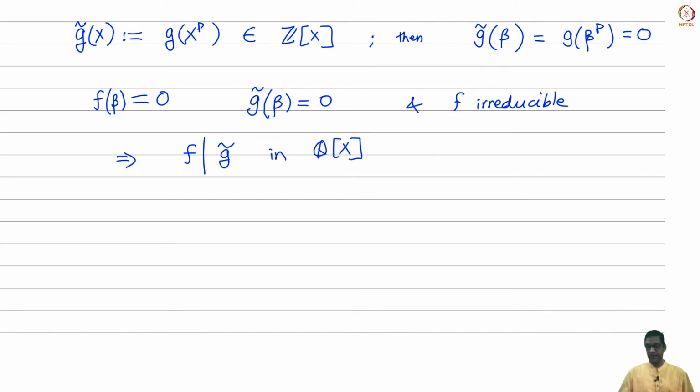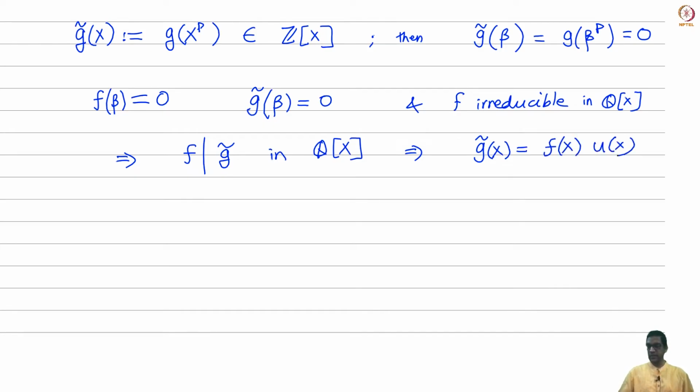In fact, by using our lemma, f divides g tilde in Q[x] means, everything here being over the field Q, that I can write g tilde of x as f times some quotient u of x.